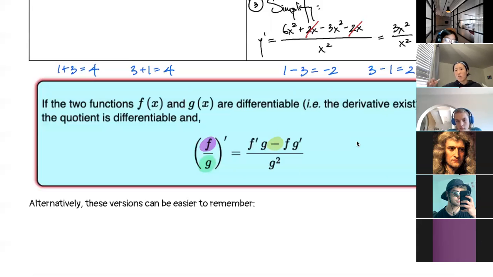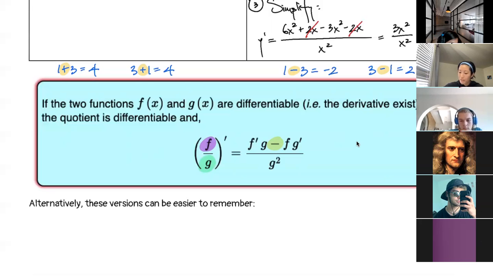You can't just put this one in the front and that one in the back, because we don't end up with the same number if we try it with numbers. But he brings us back to a good point: if we are adding things, then the order doesn't matter. So with the product rule, you might see it in a different order and that's okay, but the quotient rule will always be this order.